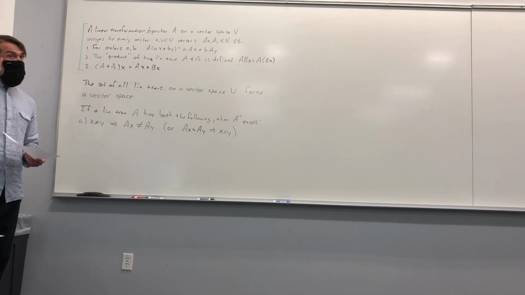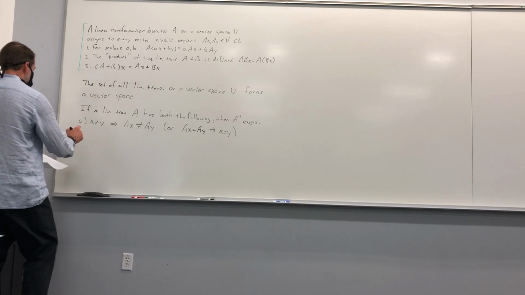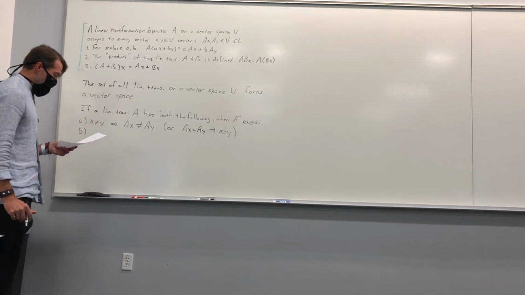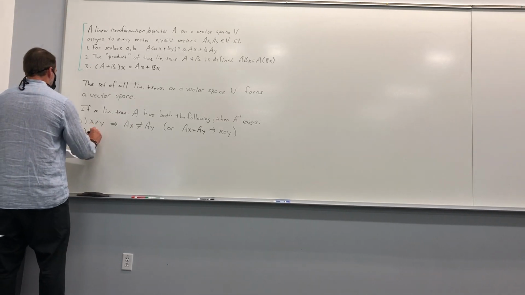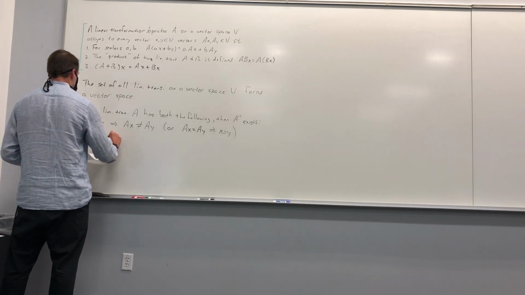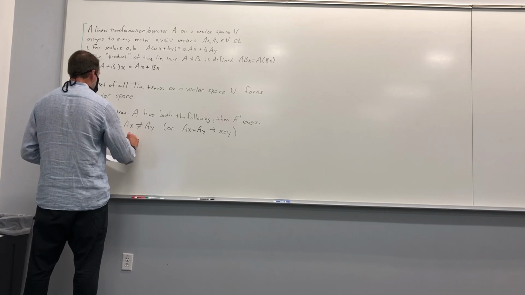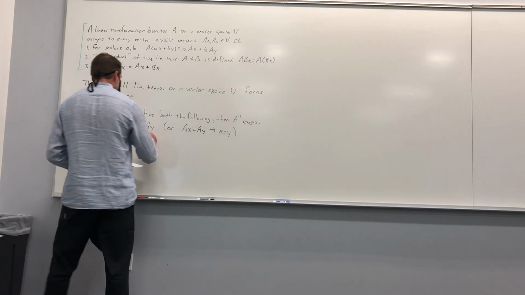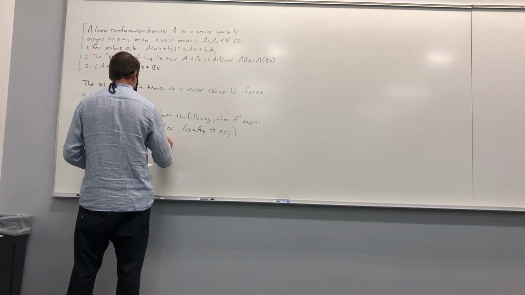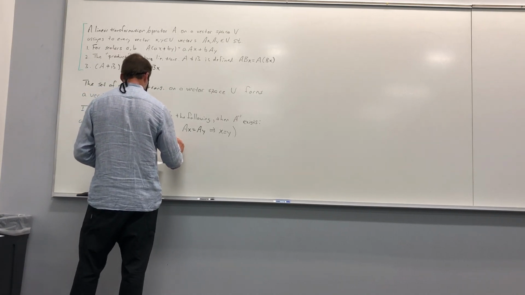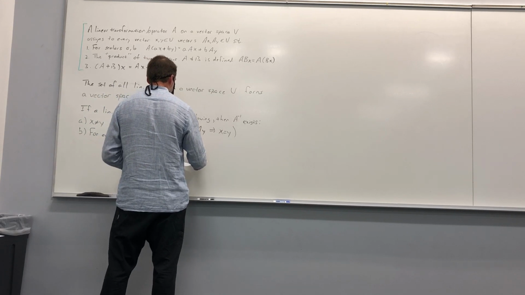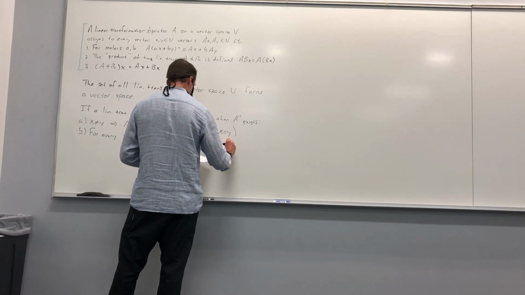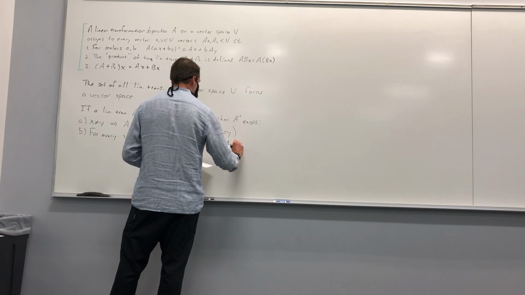Now that's one condition. There's a second condition, but we'll be interested in the fact that there are two. For every y in the vector space V, there exists an x in V such that Ax equals y.